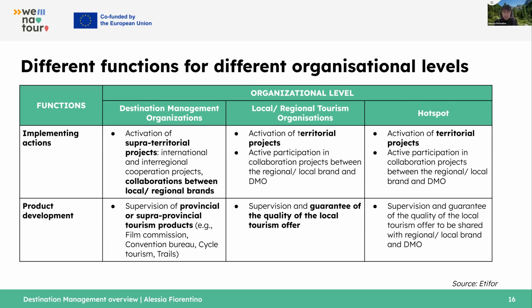And bike, cycle and hiking tourism products, by definition, do not stand within administrative borders. So you need cooperation for that product to happen, and the role of the DMO is to coordinate these complex products. Then at the local level, the local organizations guarantee the functioning and the quality of the product.